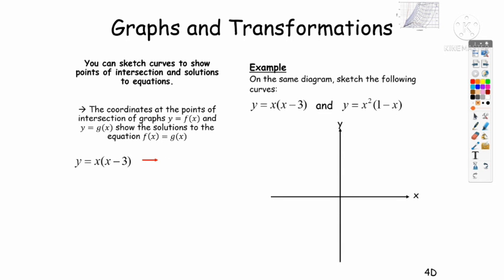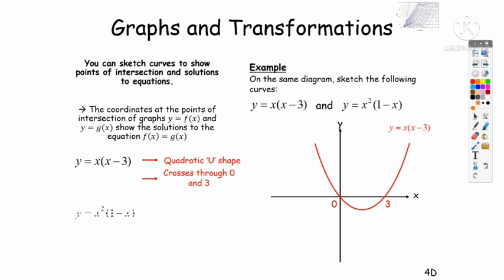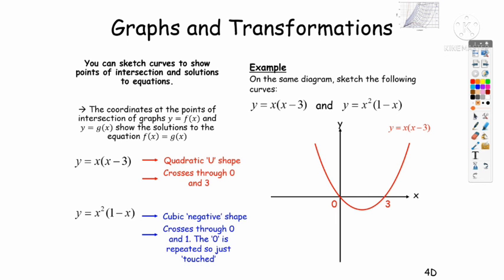So, first thing, I've got a quadratic U shape, and it crosses through 0 and 3, for the first curve, like so. And the second one is a cubic negative, and it crosses through 0 and 1, and the 0 is repeated. Like that.